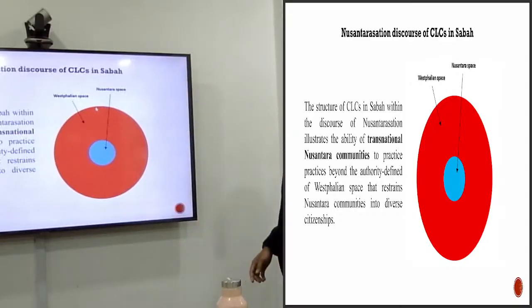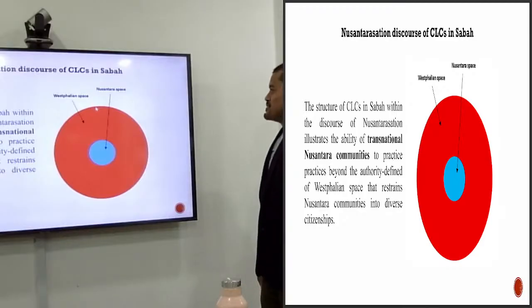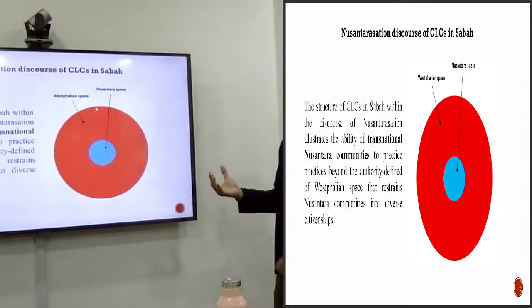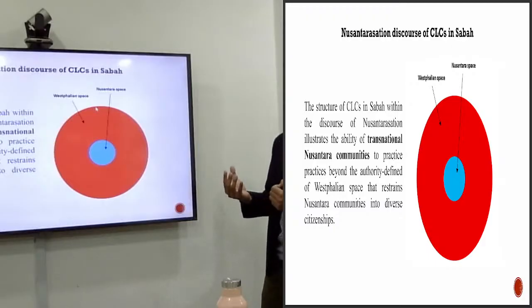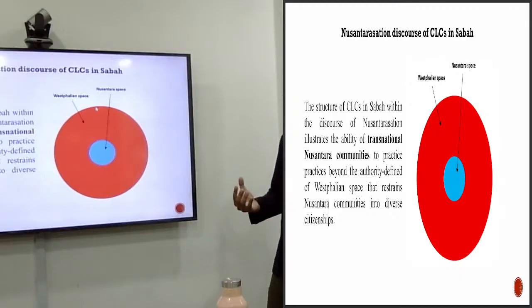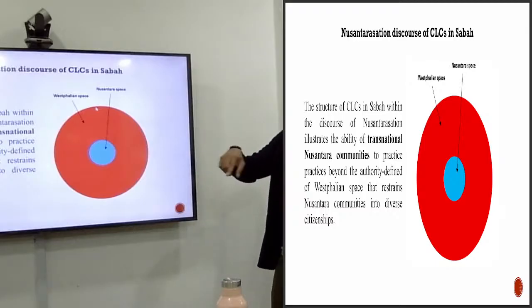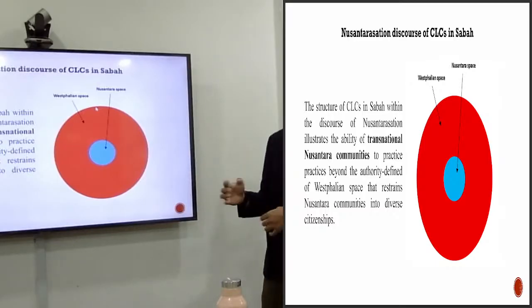Another discussion that I want to highlight is the Nusantara discourse of CLCs in Sabah. The structure of CLC actually represents a different structure to the existing Westphalian state, the Westphalian space. The Westphalian space is a space where we live in a world with borders. So we only live in a world where there are only these citizens, right?